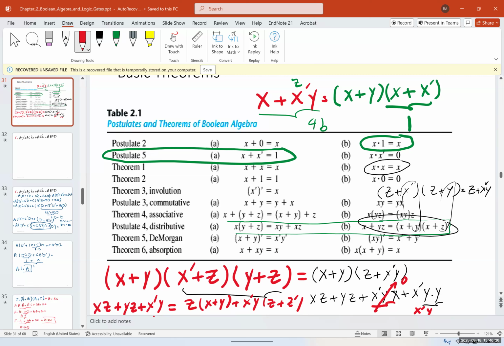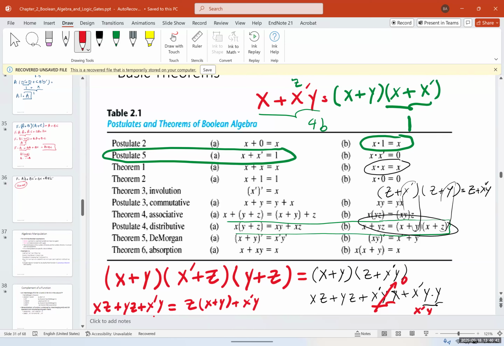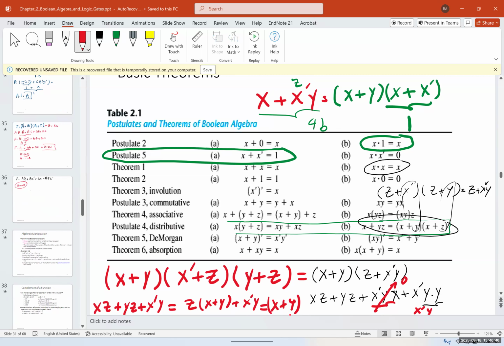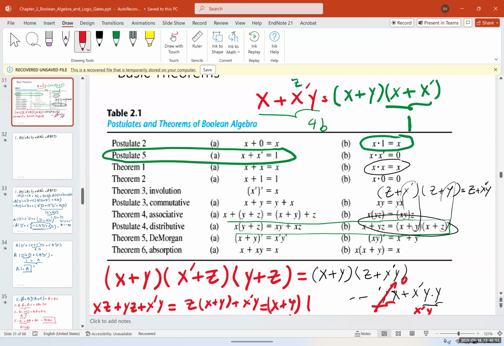So if I do that, we're going to go back to the second question that we solved. But let me tell you something. If we go through all of that, I think I have the final answer: it would be again x plus y times x prime plus z times x prime plus z.